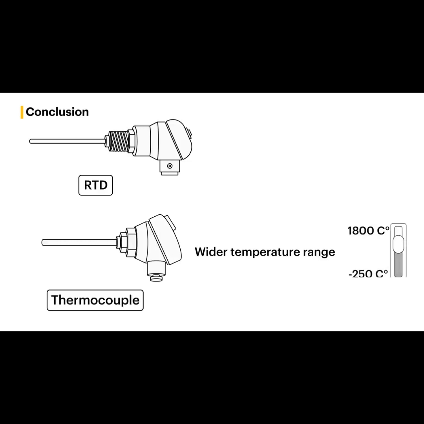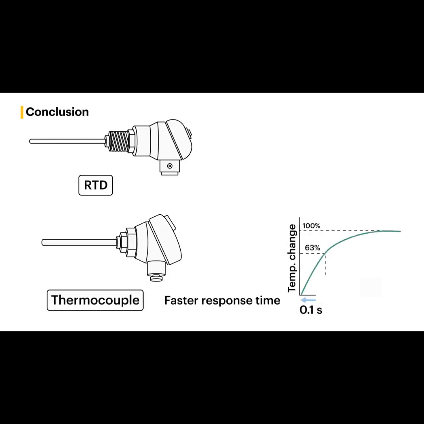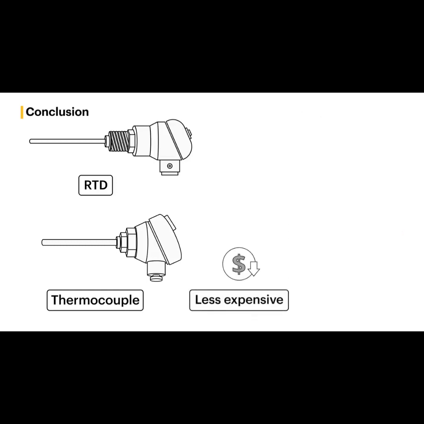Thermocouples have a wider temperature range compared to RTDs and can measure temperatures from minus 250 degrees Celsius to plus 1800 degrees Celsius, while RTDs can measure temperatures from minus 200 degrees Celsius to plus 850 degrees Celsius. Thermocouples have a faster response time compared to RTDs, with RTDs having a slower response time of 1 to 2 seconds. Thermocouples are less expensive than RTDs, making them the preferred option for applications that do not require high accuracy or where cost is a major concern.